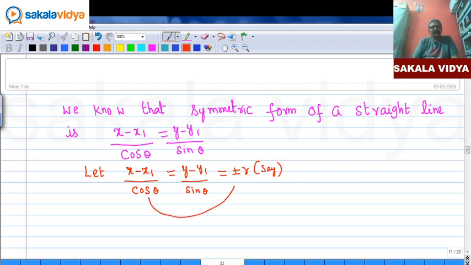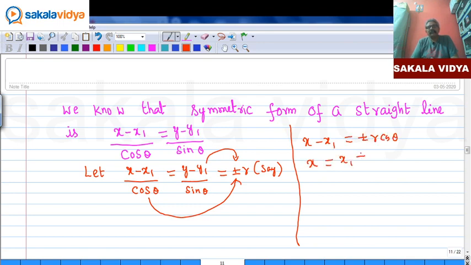Now, what do we get here? x minus x1 is equal to plus or minus r cos theta, so x equals x1 plus or minus r cos theta. Similarly, y minus y1 equals plus or minus r sin theta, so y equals y1 plus or minus r sin theta.